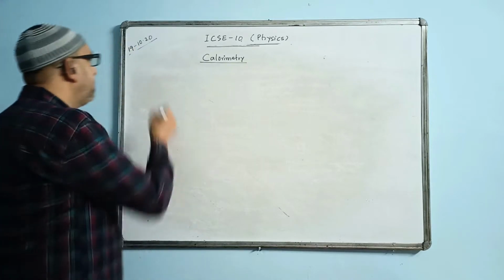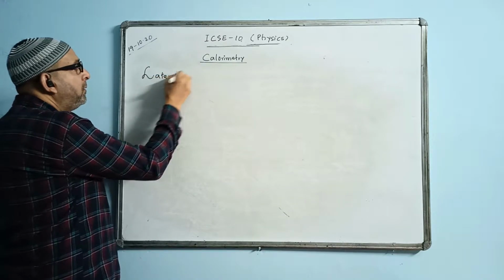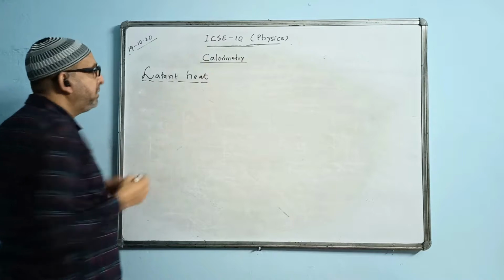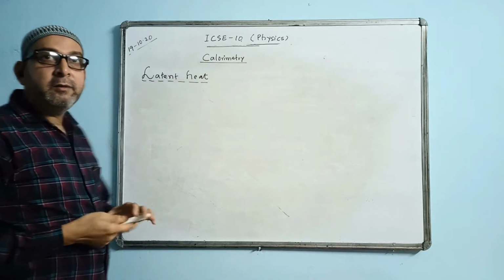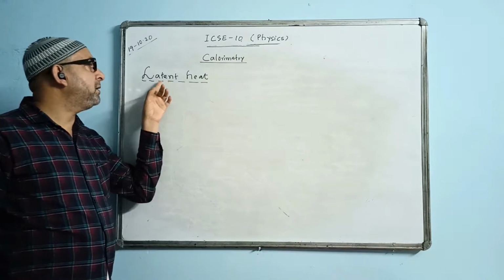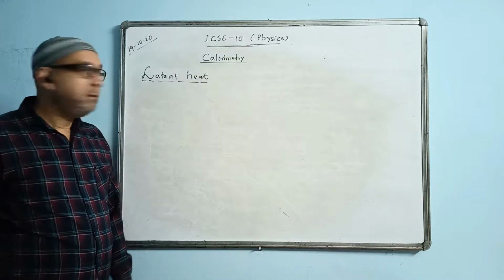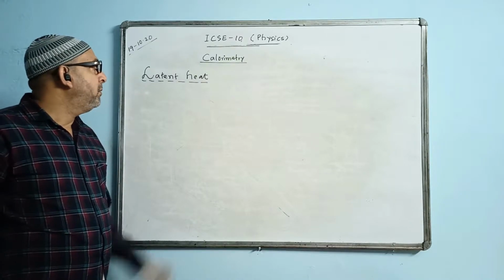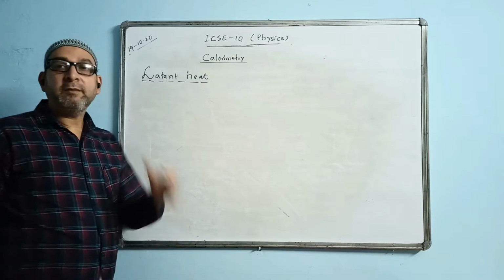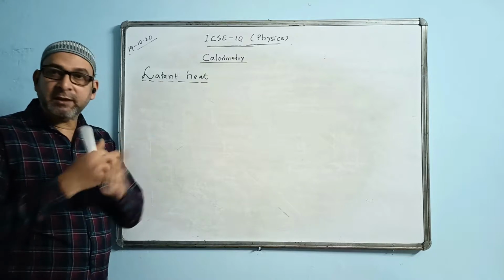Now today's heading is latent heat, the latent heat of a substance. The literal meaning of latent is hidden. Latent is hidden. Hidden heat. This is the amount of heat supplied or rejected by a substance during change of state.